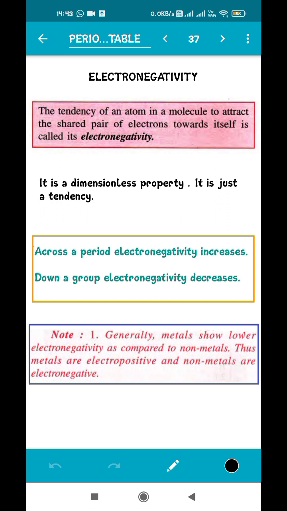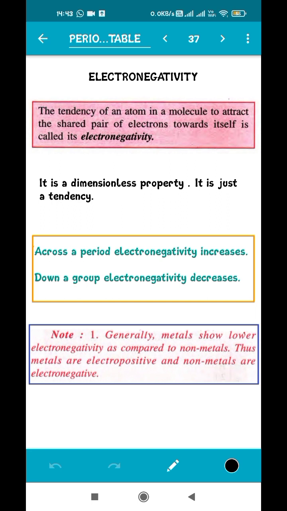Whenever a polar covalent bond is formed, the element which has a much greater tendency to attract the pair of electrons towards itself, the electron cloud gets shifted towards it. You will study this in much more detail in the second chapter. It happens only in covalent compounds, polar covalent compounds specifically.